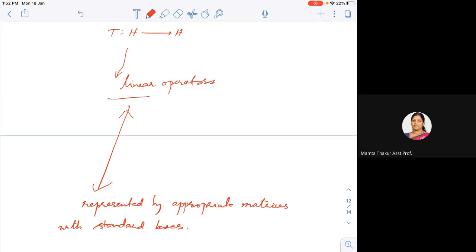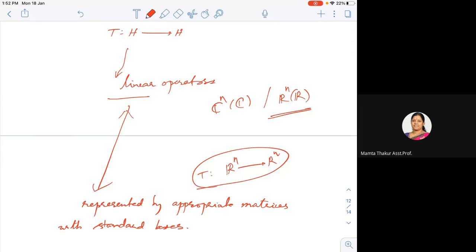From inner product spaces, we go into Hilbert spaces. When Hilbert spaces are confined to only these Cn over C or Rn over R, then you can look for mappings between R power n into R power n, which we call operators. These operators have got some matrices which represent that operator.